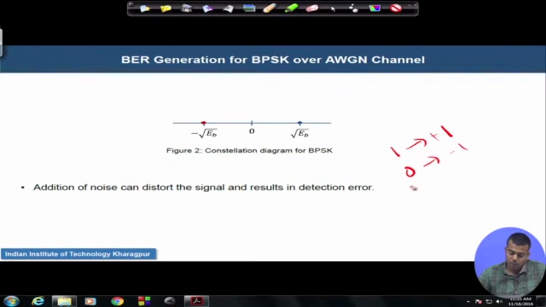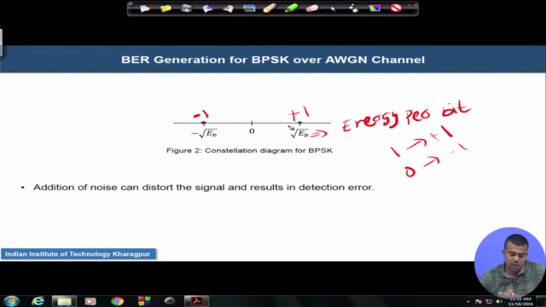If you draw the constellation diagram, +1 will have energy of square root of Eb, where Eb is the energy per bit, and -1, corresponding to 0, will be minus square root of Eb.